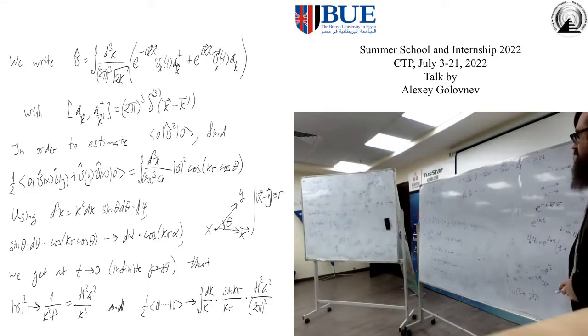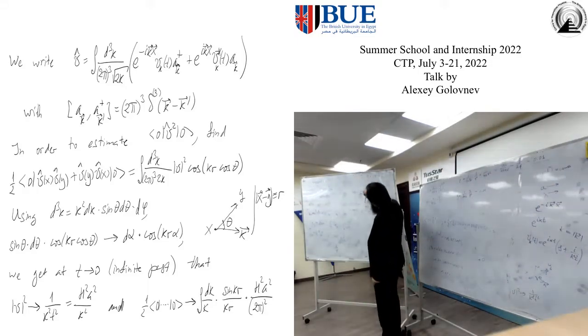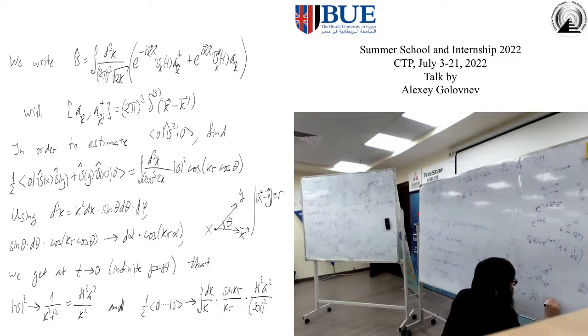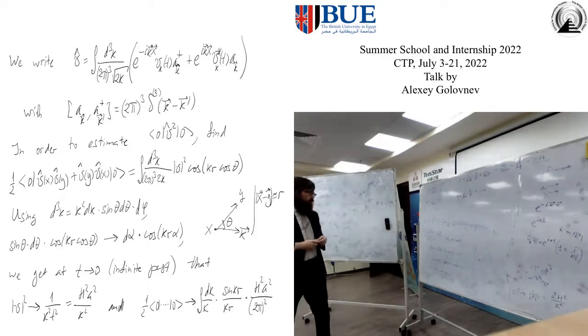And 1 over t squared, I can find out it's like a squared h squared, just from the equation there. So that gives me a squared h squared over k squared. That's the limit to which v goes.